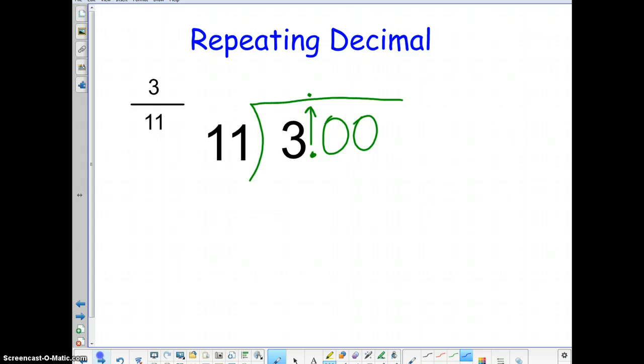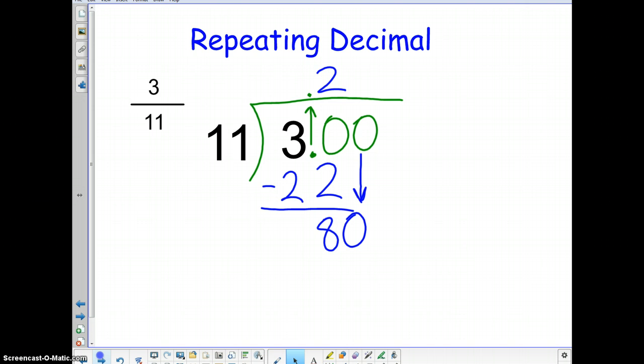So 11 goes into 30, goes in there twice. Okay, 2 times 11 is 22. Subtract that out. We get 8. Bring down the 0.